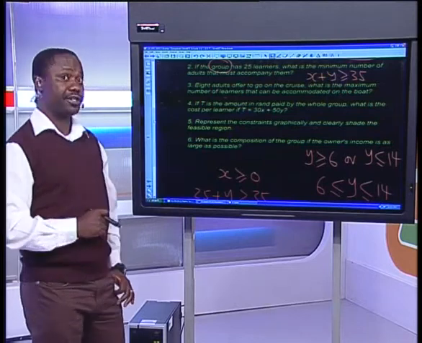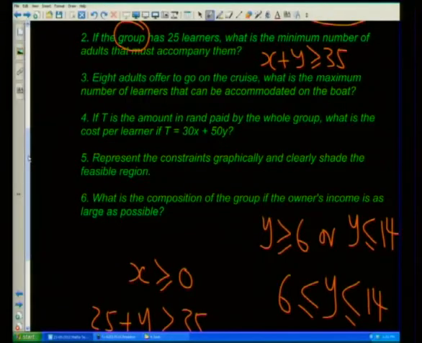The fourth question says, if T is the amount in rent paid by the whole group, what is the cost per learner if your T expression, which means the revenue of the guy who's doing the business? So this is the expression that they gave you. Now they want to know what is the cost per learner.